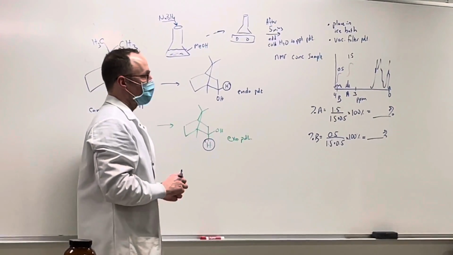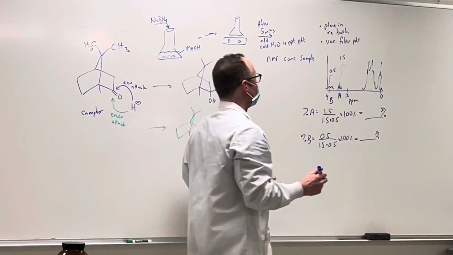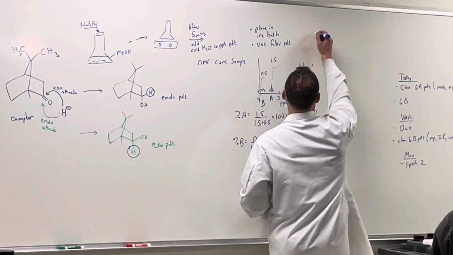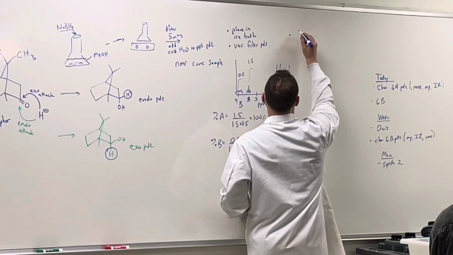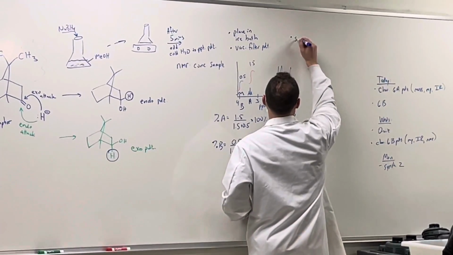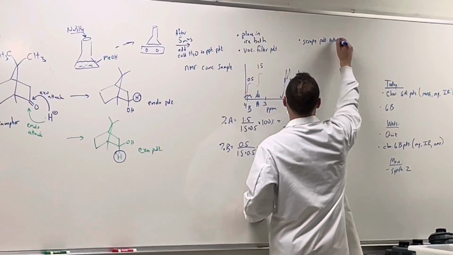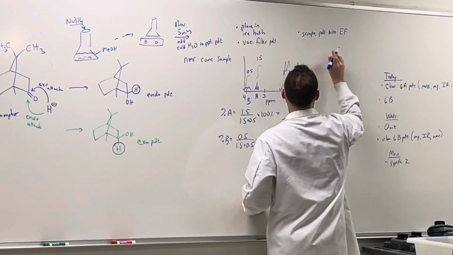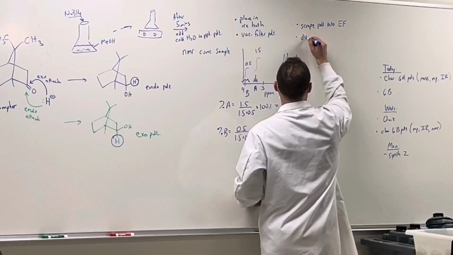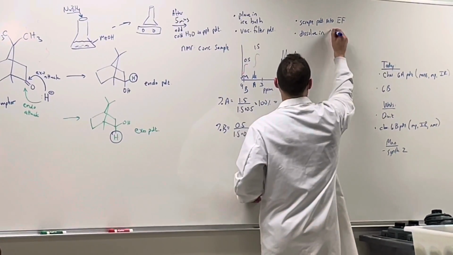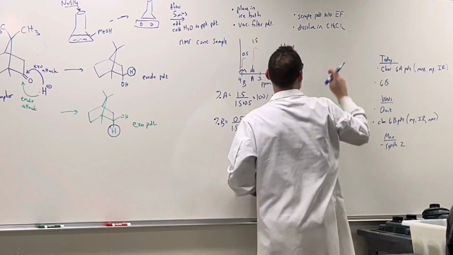So to kind of clean that up a little bit, or to dry it up a little bit, what you're going to do is scrape the product into an Erlenmeyer flask. Dissolve in dichloromethane.